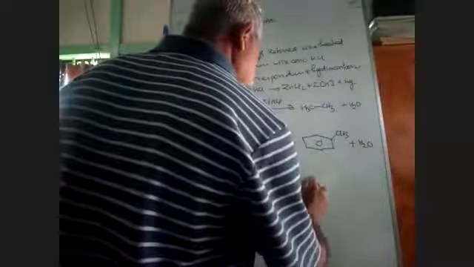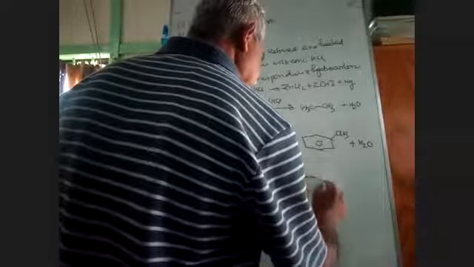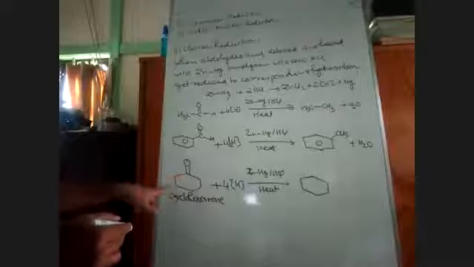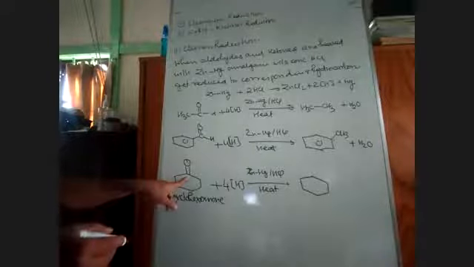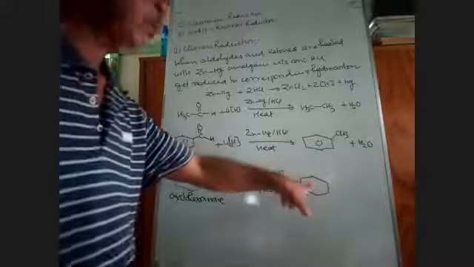What we get is CH2, CH2, and this carbon also will be converted to CH2. So you get cyclohexane plus water.